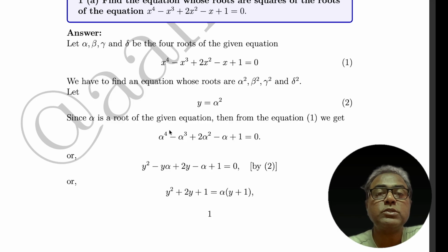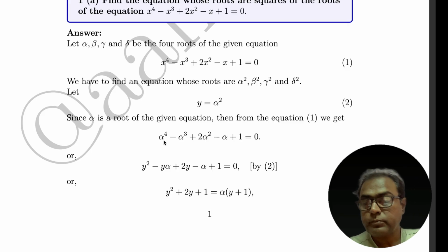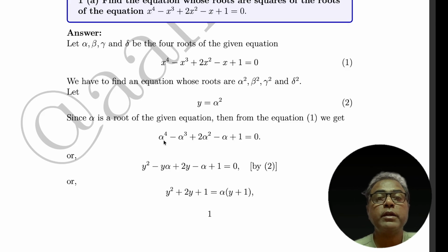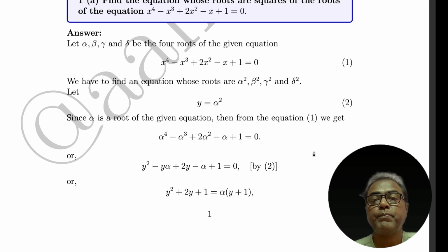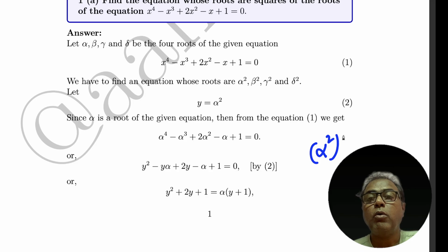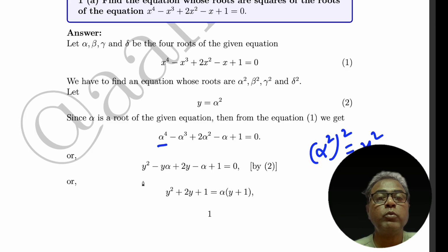Alpha to the power 4 is alpha square whole square, so this equals y square. So we write alpha to the power 4 equal to y square.